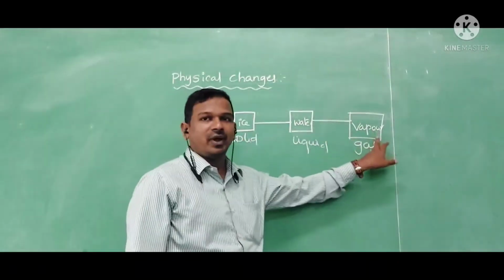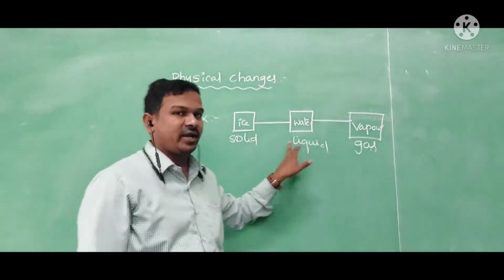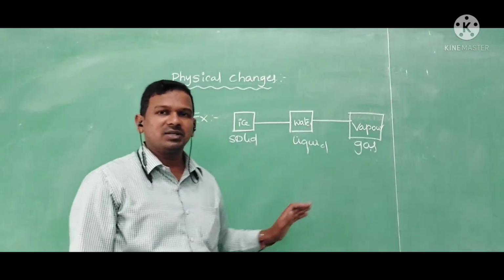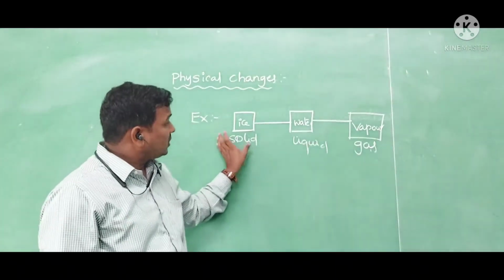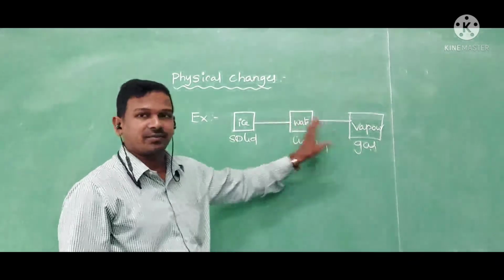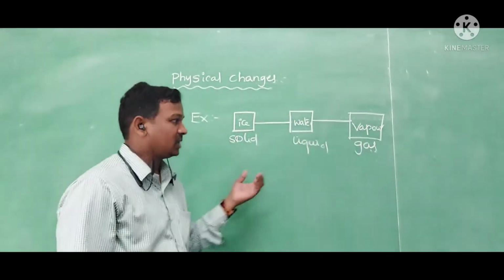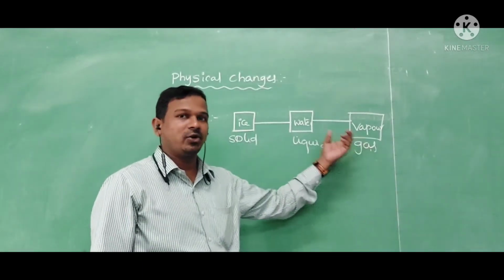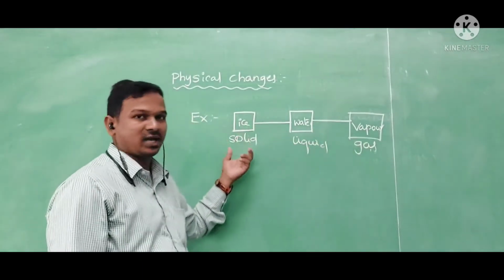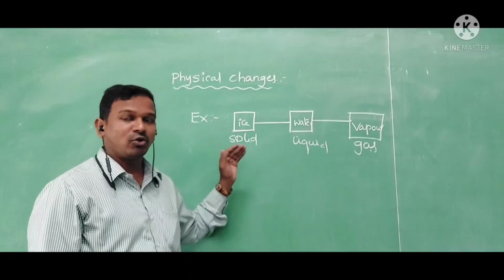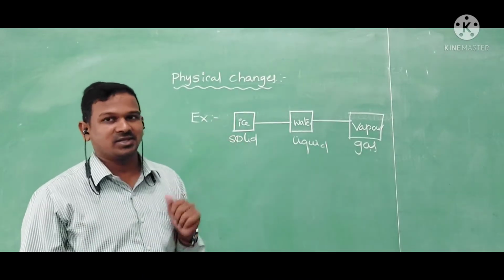Ice, water, vapor: solid, liquid, gas. Only the physical state is changing here. Can we get back its original shape? Yes. Gases can convert into liquid, liquid can convert into gas, solids. So we can call these changes temporary changes.